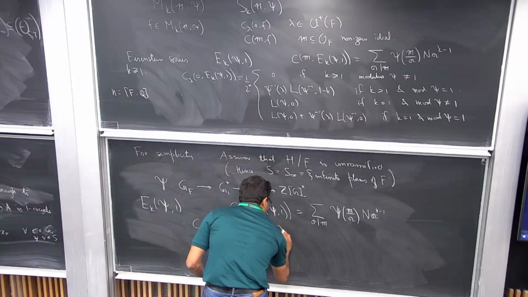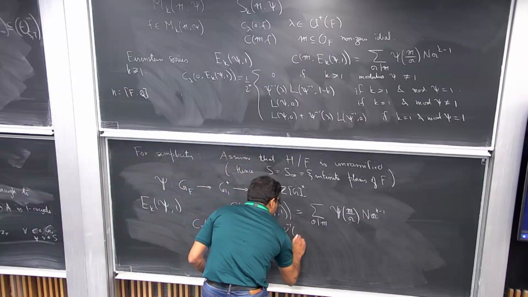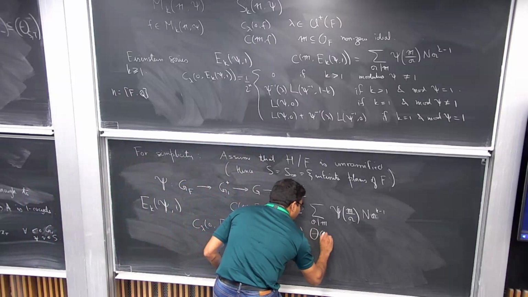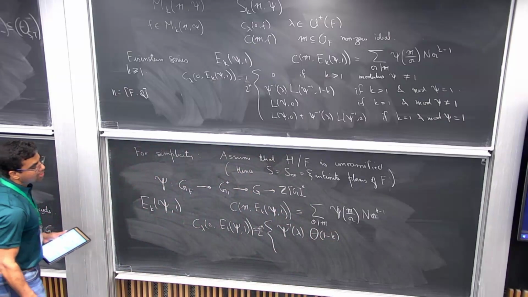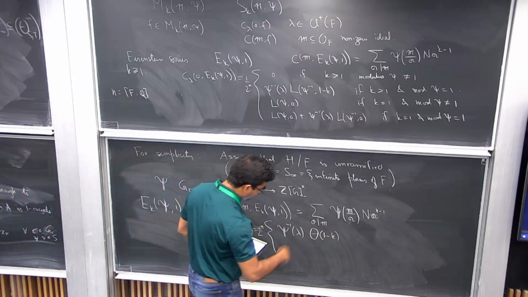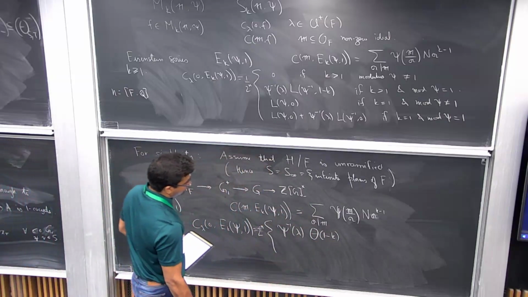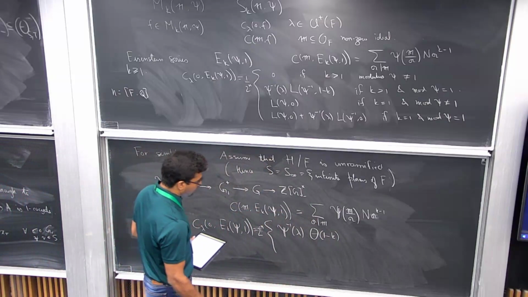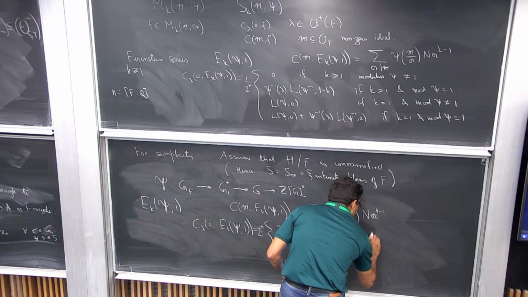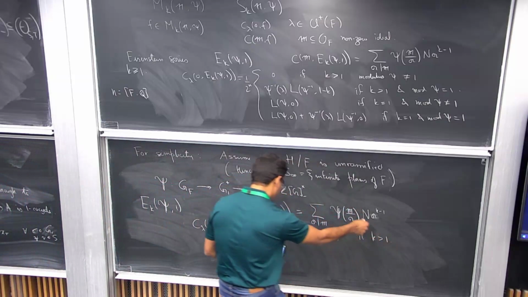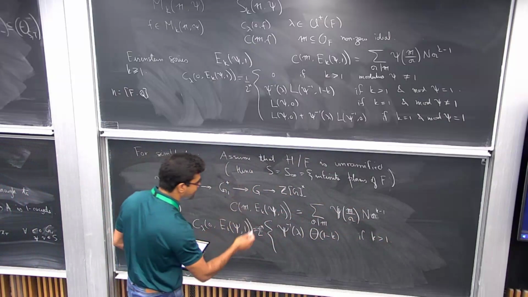So psi inverse of lambda theta 1 minus k. So this theta is the Stickelberger element that interpolates values of functions of characters at 1 minus k. So this is if k is bigger than 1, and of course the conductor is 1. Right? So everything is fine.